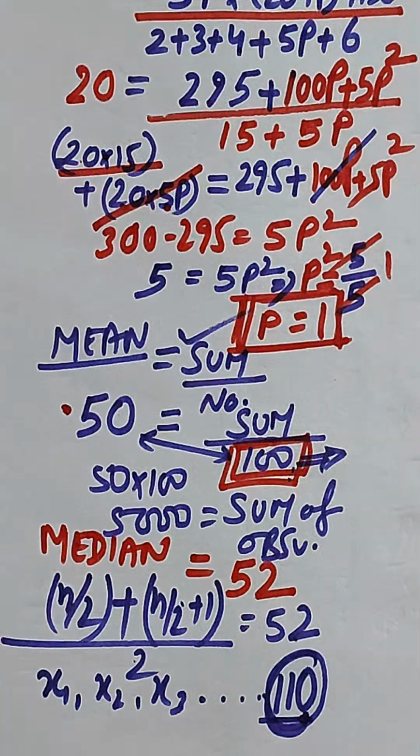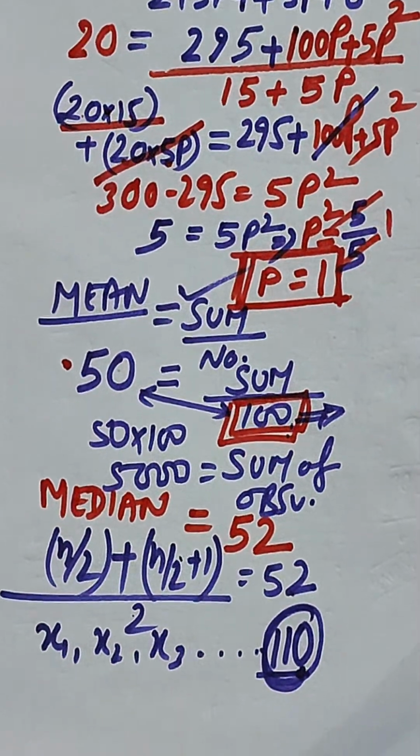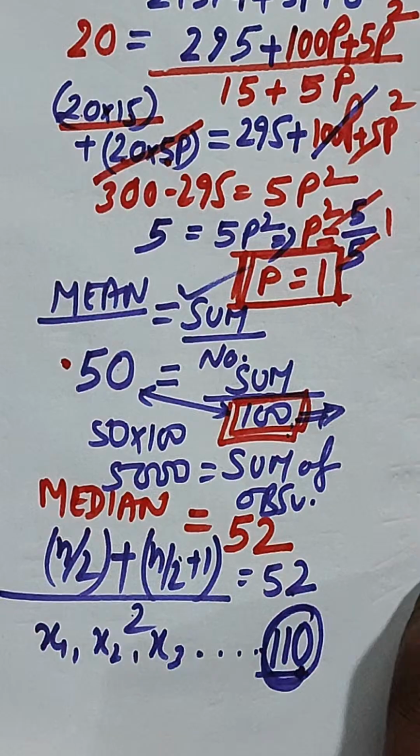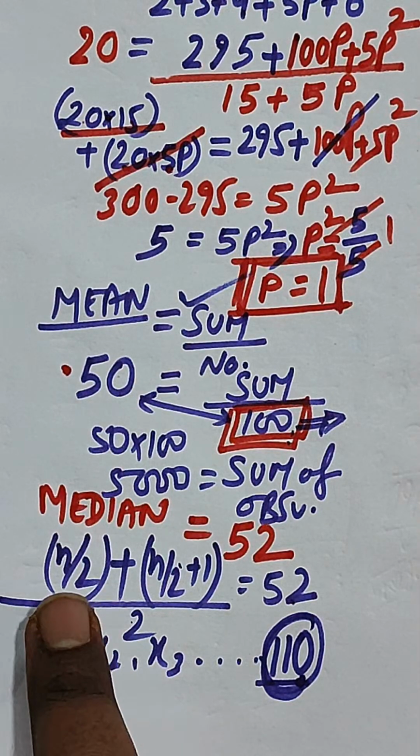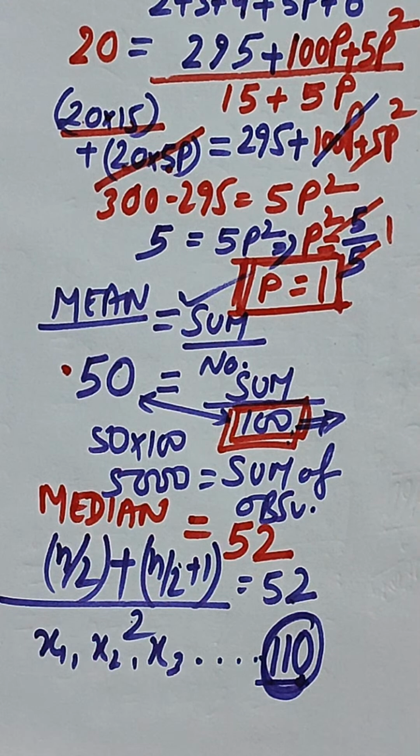It's very clear that if the number of observations is odd, then the (n plus 1) by 2th observation is your median. And if the number of observations is even, then definitely the median will be this one.